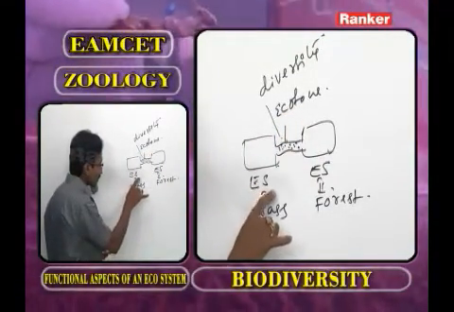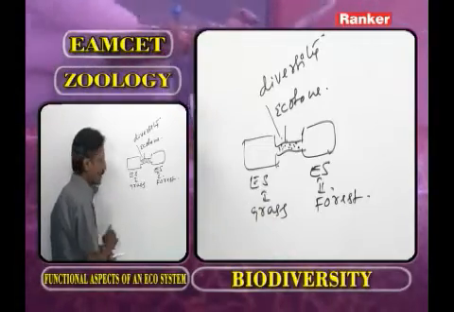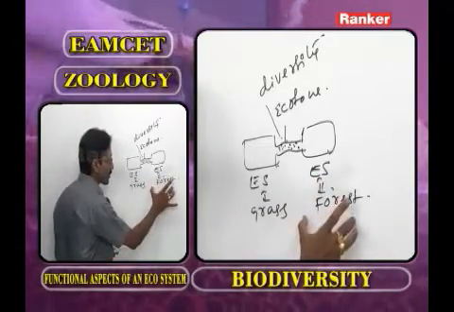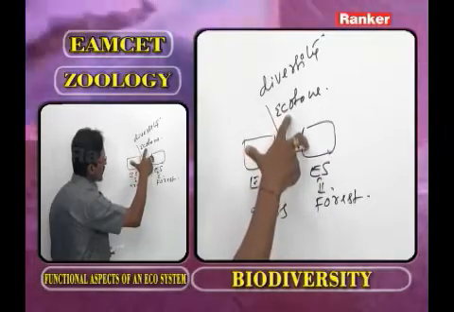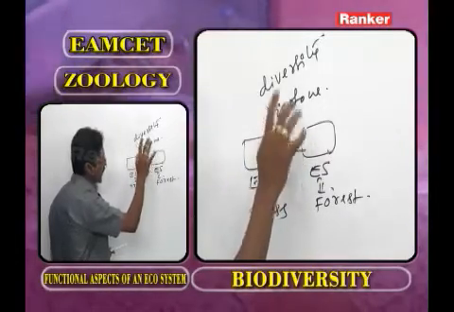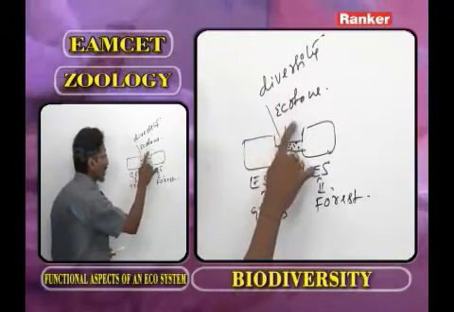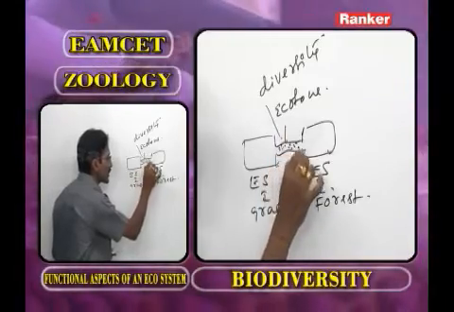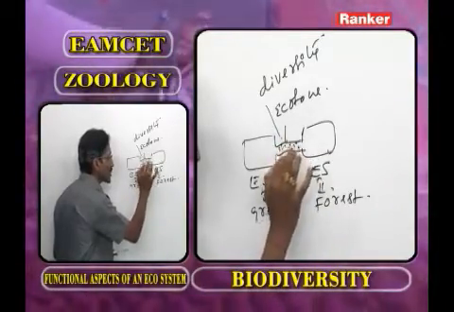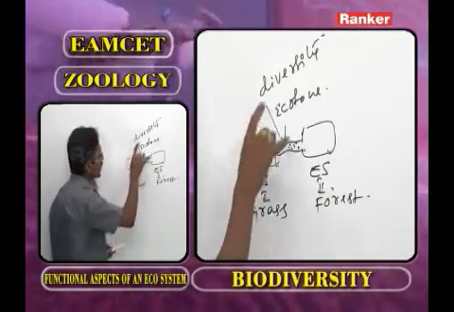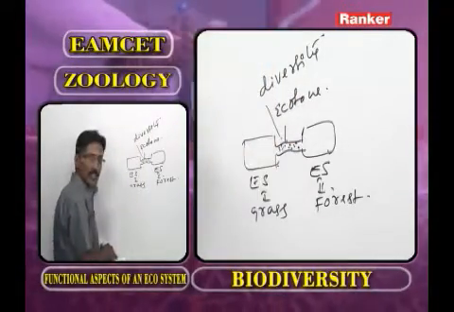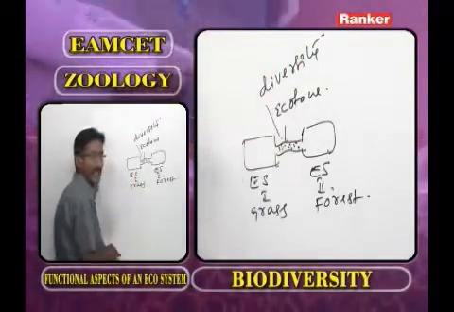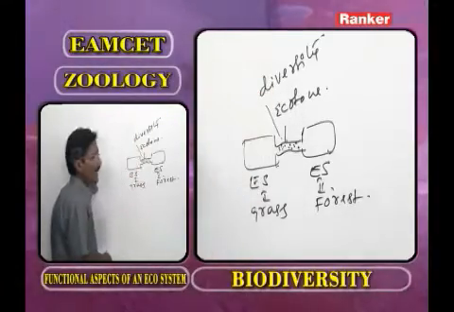Here one ecosystem is named as grassland. Now another ecosystem is named as forest area. In between these two ecosystems, the transitional zone we call ecotone. In the ecotone, the species of two different ecosystems are present. So here we have to observe more number of species and more number of varieties. That we call diversity.